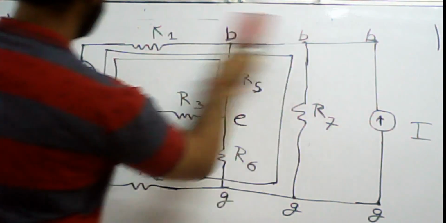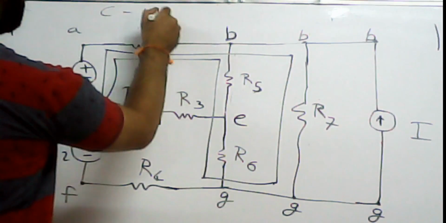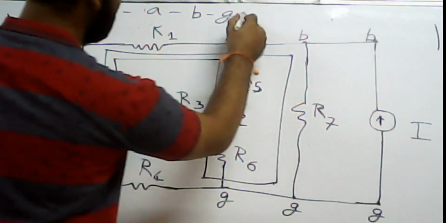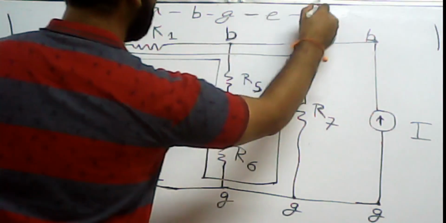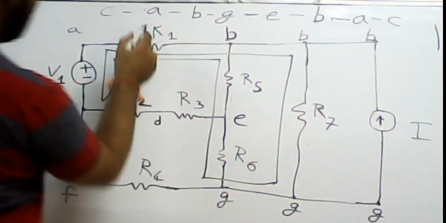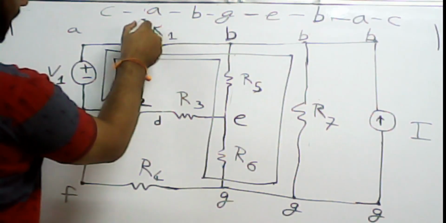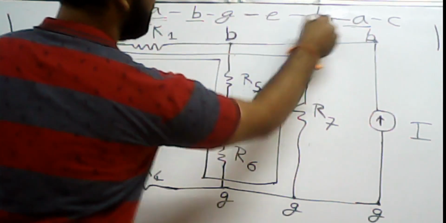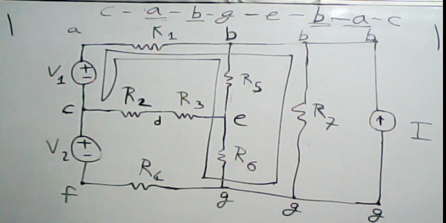C, A, B, G, then comes E, then again B, then again A, and then C. So see, in this path, A is coming twice, B is also coming twice. So this is not satisfying the condition of a loop.